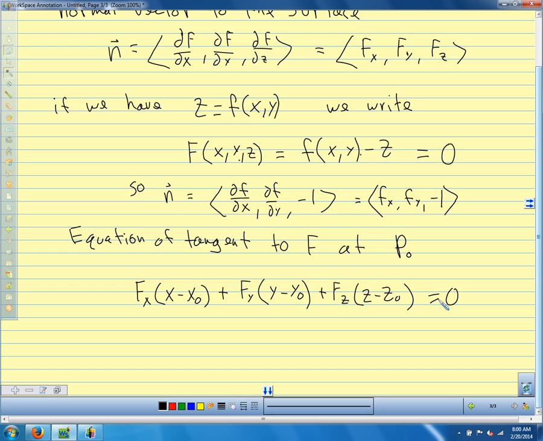And we're evaluating our partials at P0. So this is our standard equation for our tangent plane at point P0.